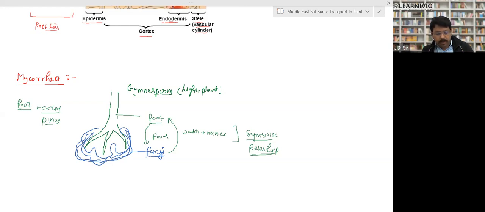Full stop. And in return, root gives food to fungi. Full stop. This symbiosis is called mycorrhiza. Right? Is it clear?